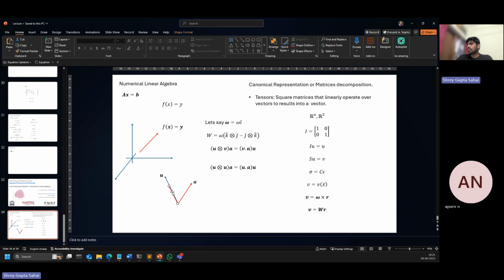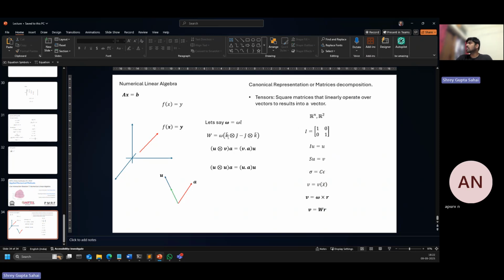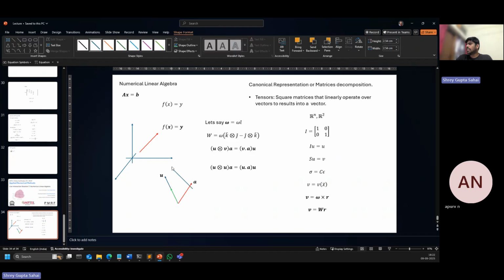I'll choose a different kind of line to show this to you. It can be a greenish line or something where this angle will be 90 degrees.